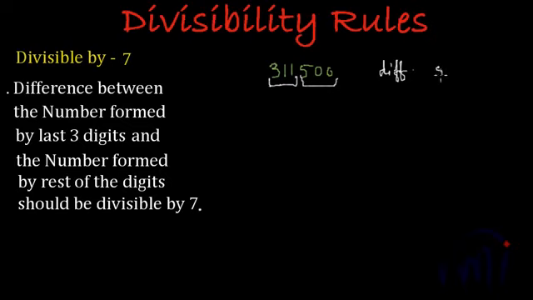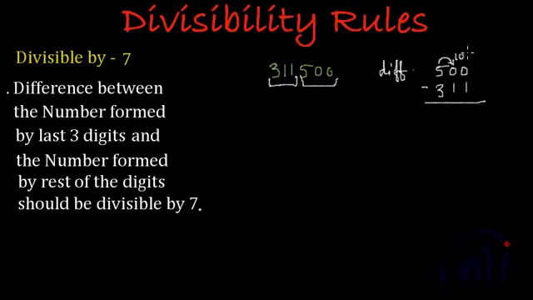So the larger number is 500, and if I subtract 311 from this, 1 is bigger than 0, so it cannot be subtracted. So I have to borrow something from the tens place, but this is also 0, so I cannot borrow anything from here. So finally I have to borrow 1 from the hundreds place, and this will make it 10 tens, right?